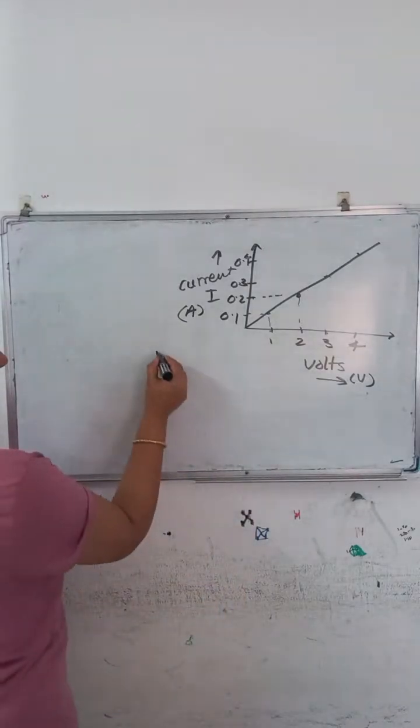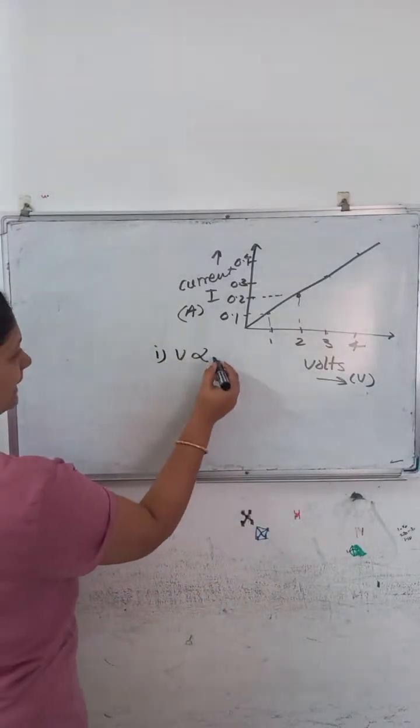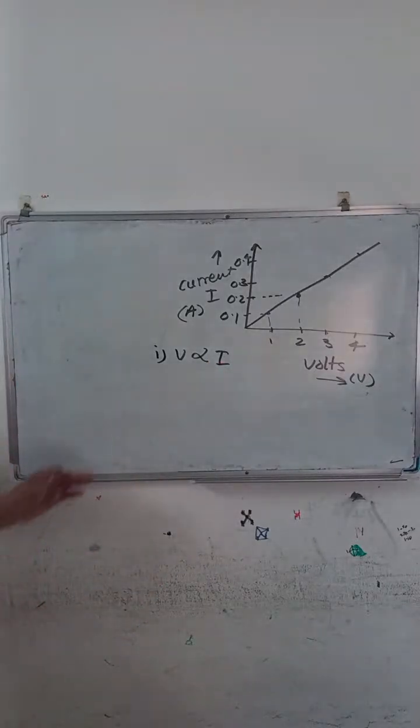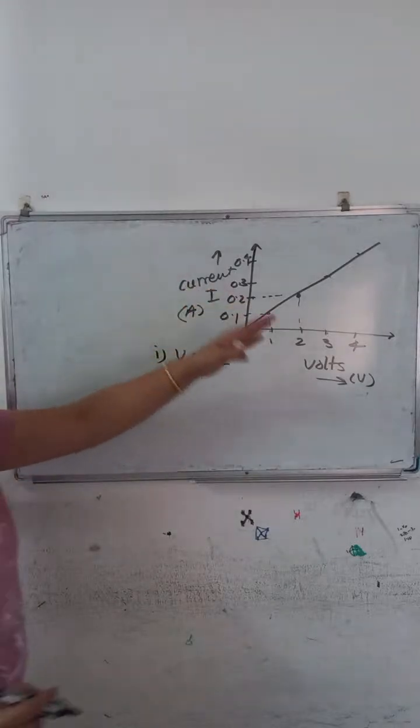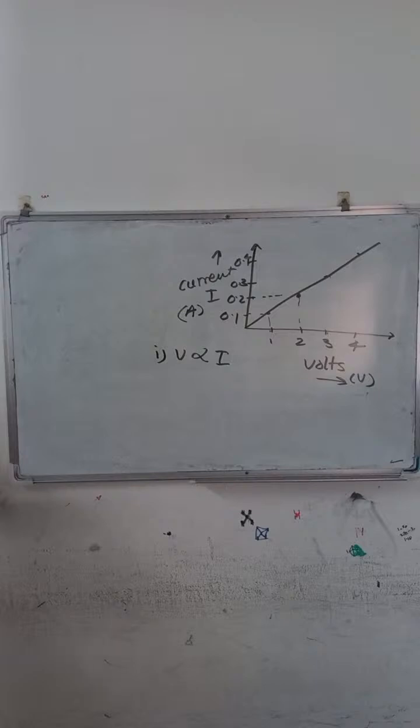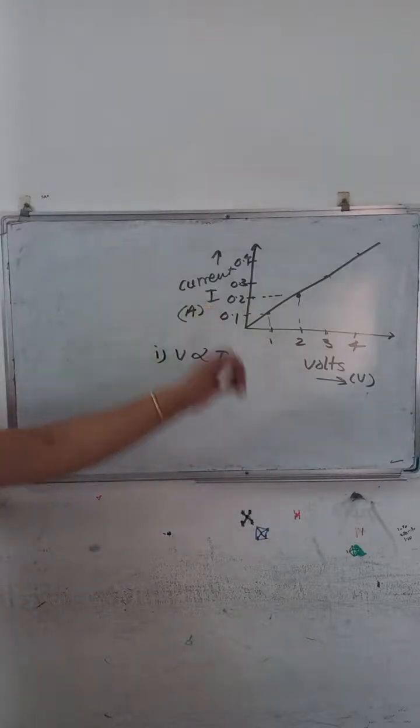That means we can write that V is directly proportional to current I. This depicts the graph of Ohm's law, which says that if we increase voltage, current also increases. You have to elaborate this answer when you write it. Both are in direct proportion; simultaneously, both quantities either increase or decrease, and here the graph is increasing.